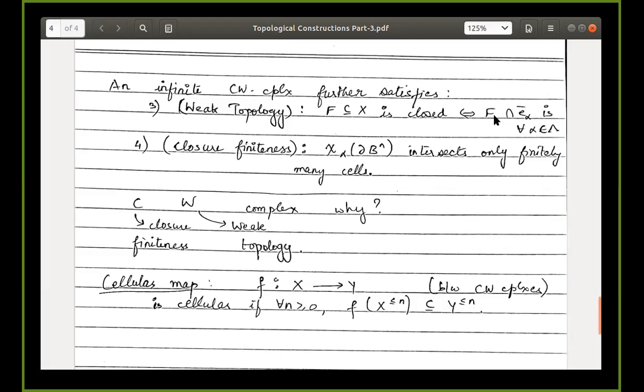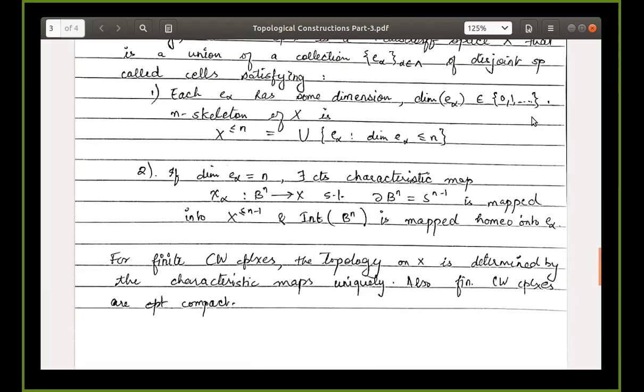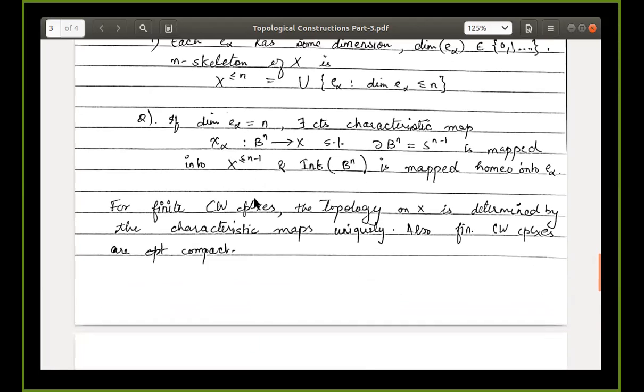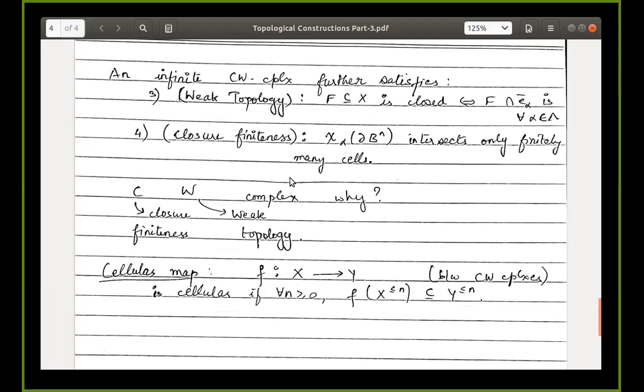So you check only those E alphas for which the closure of E alpha, that means E alpha along with its boundary, or rather the image of chi alpha, is what E alpha closure is. So F intersection E alpha closure is closed if and only if F is closed.